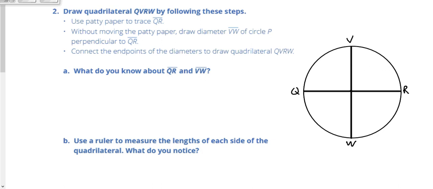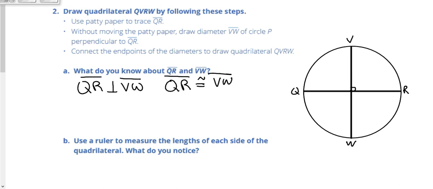And yes, we didn't actually construct, but we're going to say that they are perpendicular to each other. Because of the fact that, QR and VW are perpendicular to each other. We know that QR and VW are congruent to each other because they're diameters. These are all things that we've been talking about.